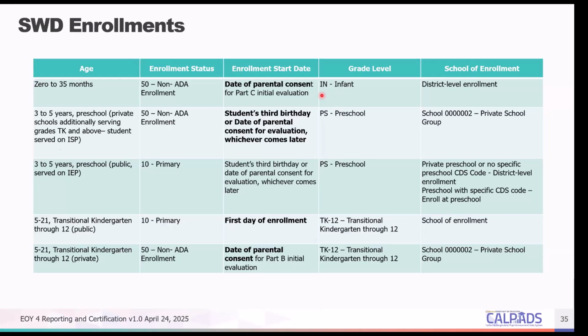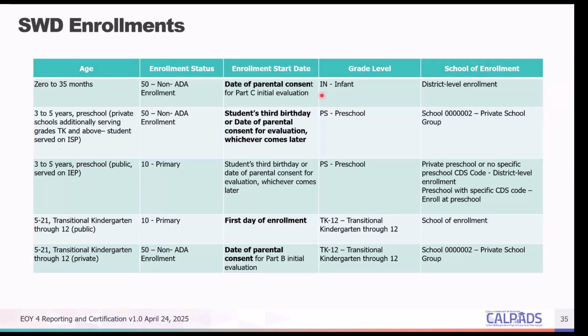The infants are being served at home, but they have to be reported to CalPADS, and that's what new data coordinators miss. When we go to conferences, we learn there's always a disconnect because in terms of enrollment, they don't have an enrollment, right? They don't attend any schools in the district, but they're receiving services. And so you have to create that district level enrollment.